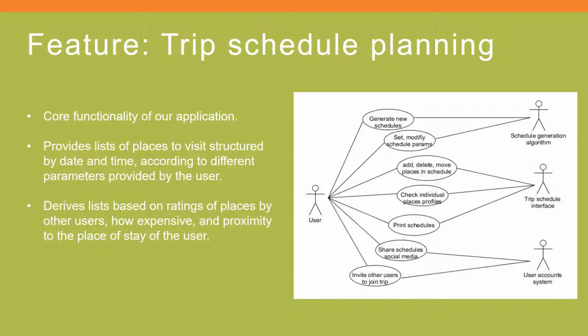It also derives these lists based on external inputs, such as ratings of a place by other users, the price range of the place, the proximity of the place to the travelers, the users' place of stay. And we expect that this will be the most used feature in our program, the feature that users spend the most time playing with.